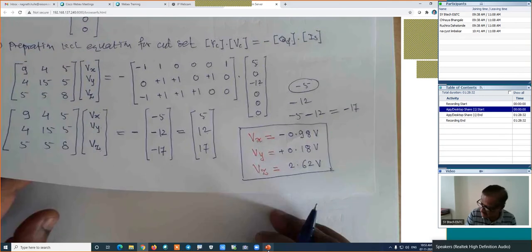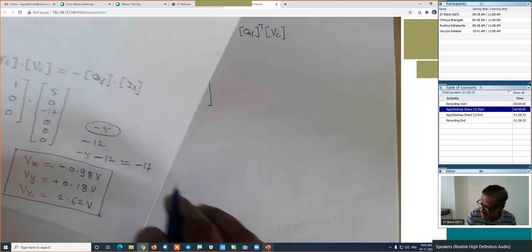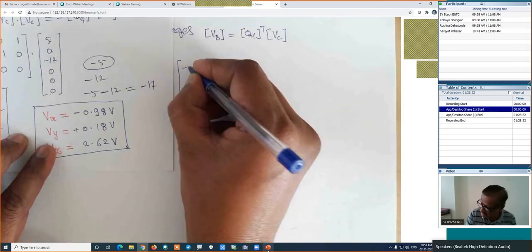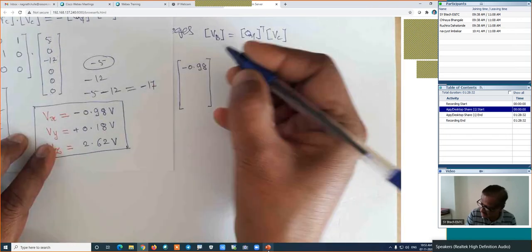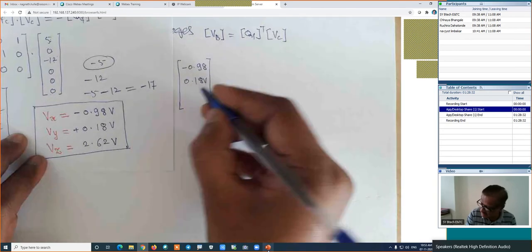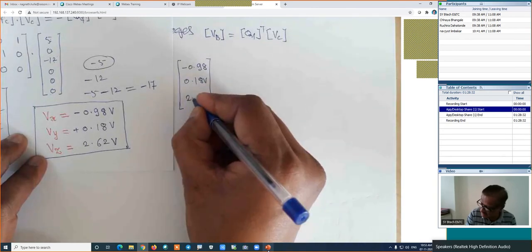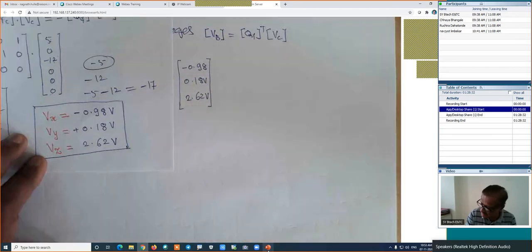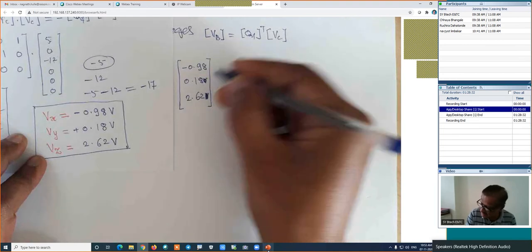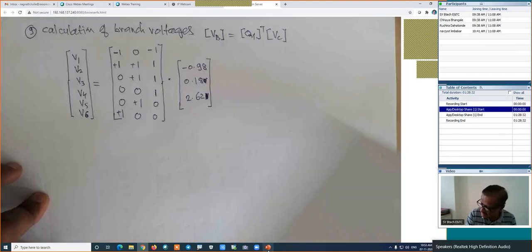Vx is minus 0.98, Vy is 0.18 volt, and Vz is 2.62 volt. I will not write the unit volt since I am just taking the figures. Now that we know these values, we can directly find the voltages.